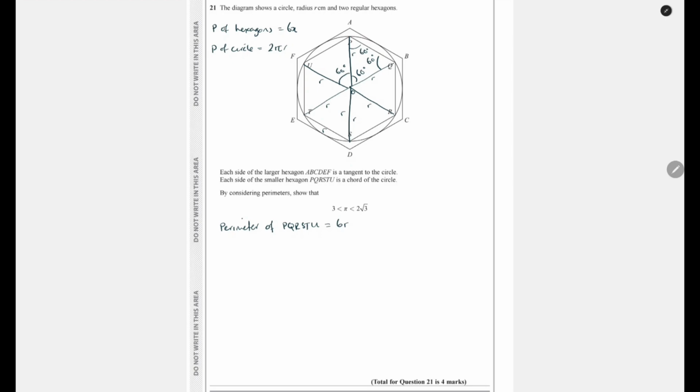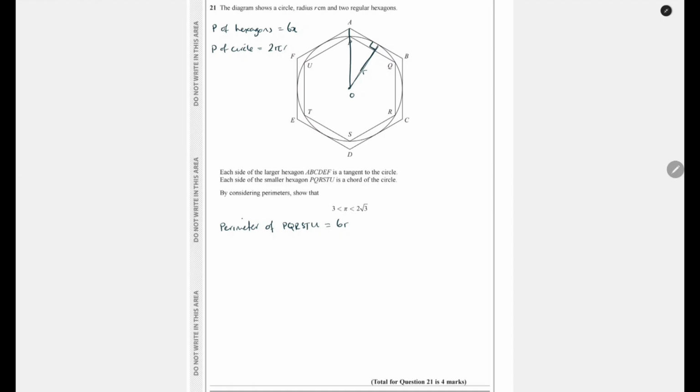So if we clean up our diagram, now if we redraw our center O and we draw a radius from the center that meets the tangent, we know that that angle is 90 degrees. And this is the radius. And so we can form a right angle triangle.